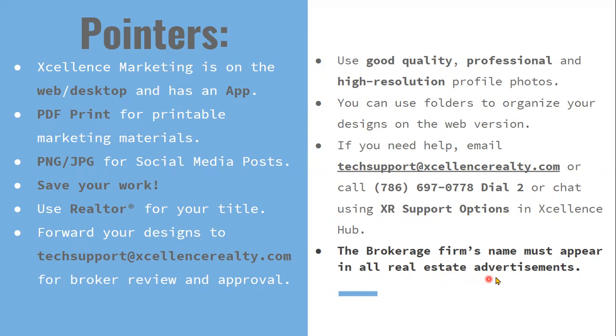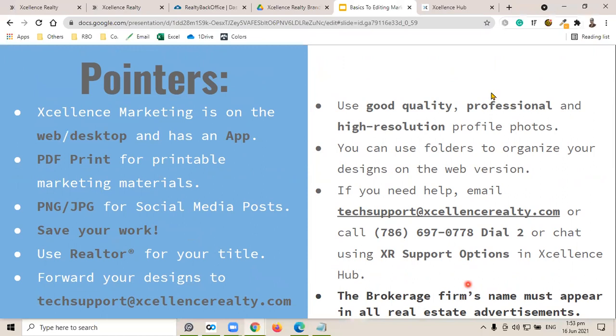And please also remember this one here. So for any real estate advertisements, please make sure that the brokerage firm's name appears in all real estate advertisements. So that would be any advertisements for sales signs, business cards, flyers, postcards, brochures, social media posts, websites, blogs, etc. And we do have an article here in Xcellence Hub.